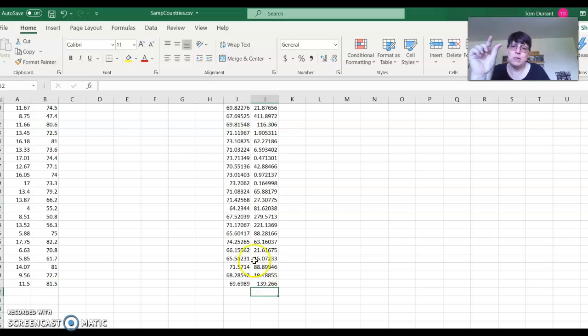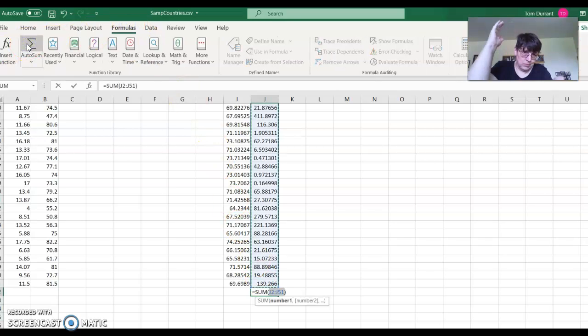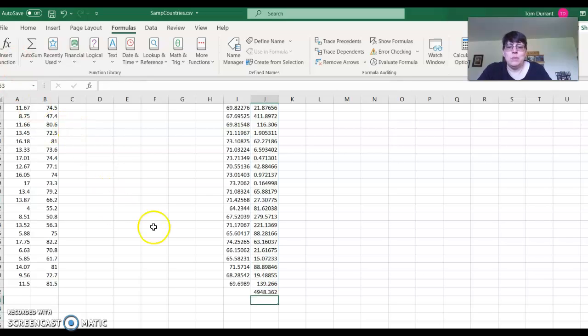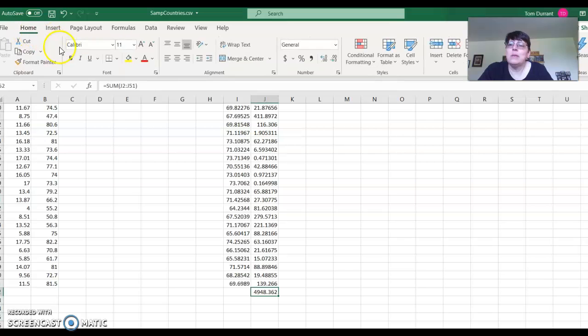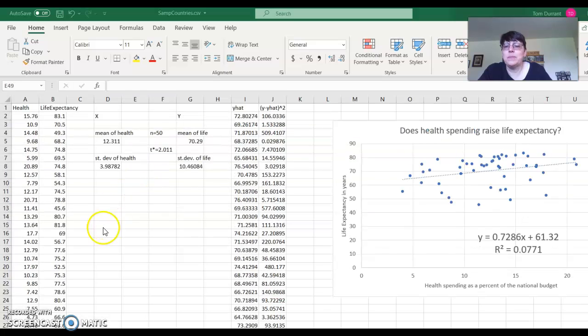Let's go ahead and get the sum of it. I'm just going to use formula, auto sum. It automatically adds up the whole column. So I'm going to make that red. And this is in row 52, column J.